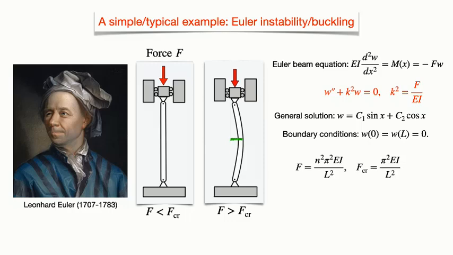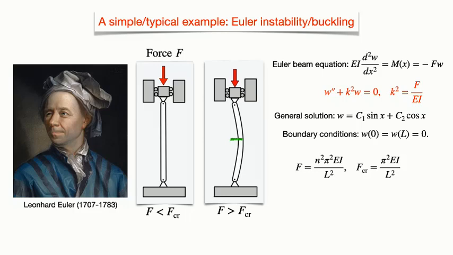When you look at this equation, you know that absolutely W equals 0 is a solution, right? We call it the trivial solution. And this formula tells you when F reaches this value, this equation has a non-trivial solution, a non-zero solution.